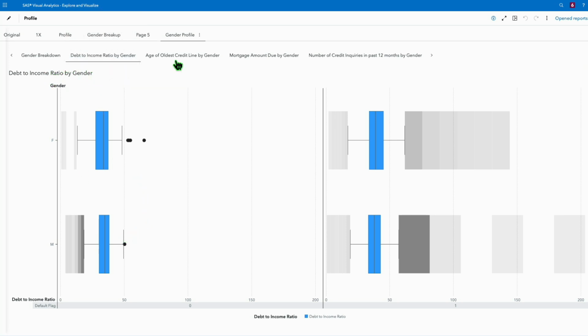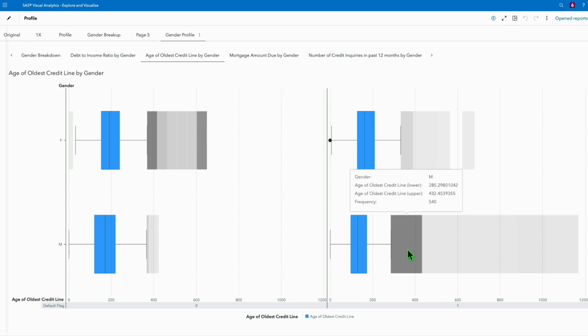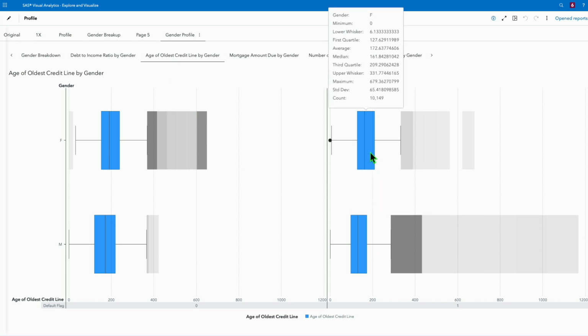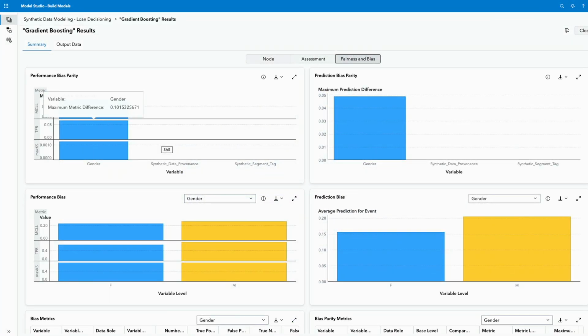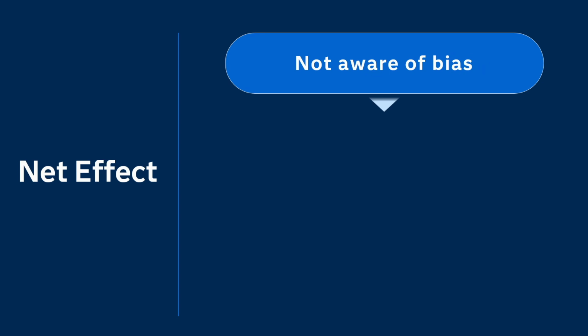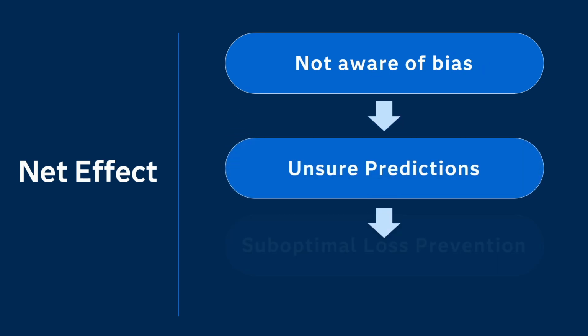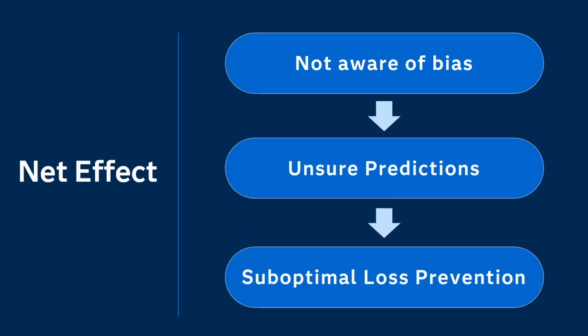We won't get into the reasons why bias occurs in original data, but it's important to be aware of it and account for it, because bias in data affects machine learning outcomes, where we measure bias through performance bias and prediction bias. The net result is I make unsure predictions, and unsure predictions lead to suboptimal loss prevention outcomes. That's not a very nice situation for my bank to be in, right?